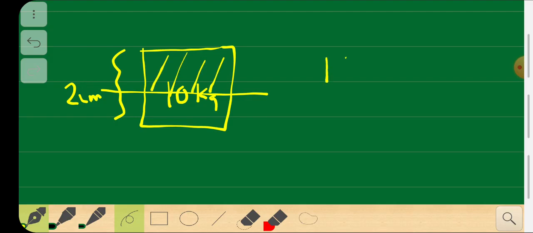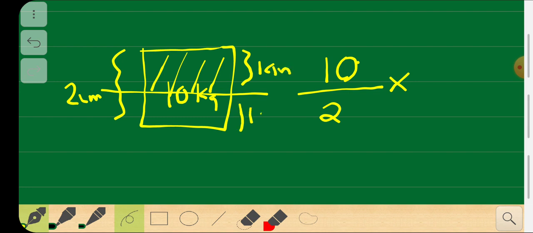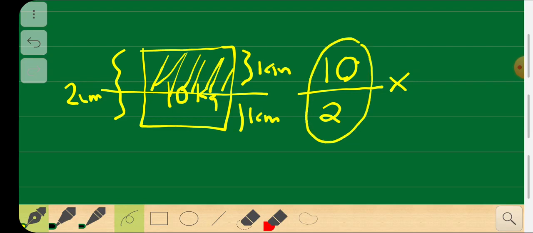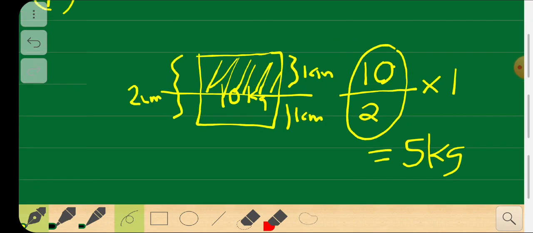It will be 10 kilograms divided by the total length of 2 centimeters, times this distance, which is 1 centimeter. So it's 10 by 2 times 1 centimeter, which is 5 kilograms, right? That's an easy way of understanding the same thing.